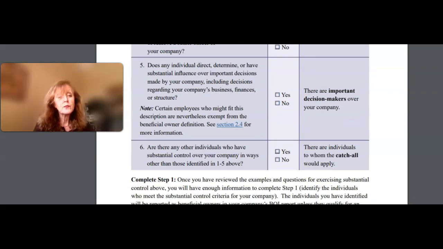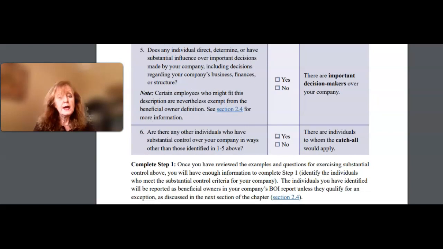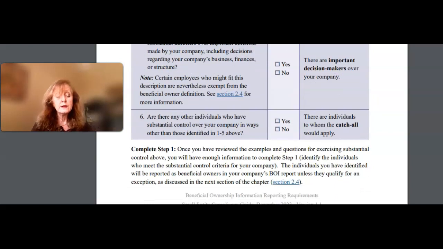Okay. Now, are there any individuals who have substantial control over the company in other ways? And that's sort of a catch-all provision. I mean, basically, can they affect your operations? Can they make business decisions? Can they direct where your company is doing business, how it's doing business, and so forth?